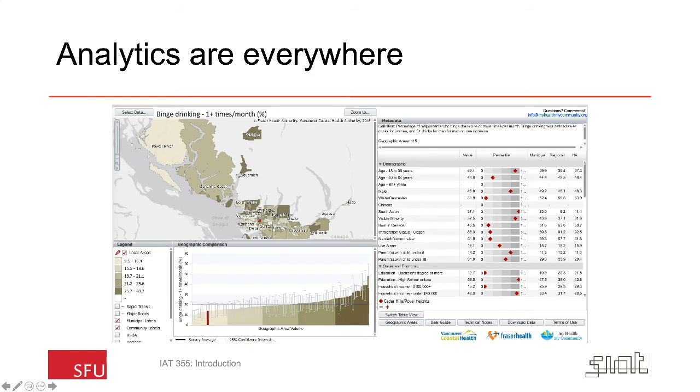And surprisingly, there seems to be quite a significant amount of binge drinking in the Whistler area. I'm not 100% sure why that might be. But in any case, this is data that helps measure that and enables an analyst to look at the geographic distribution of this particular activity that the health districts would care about.